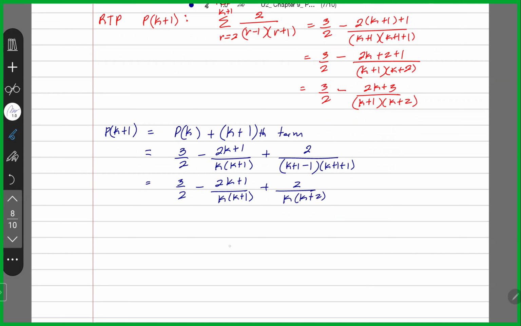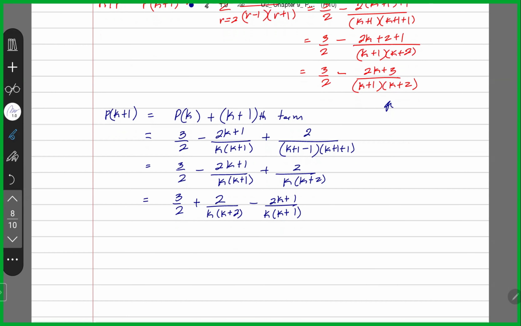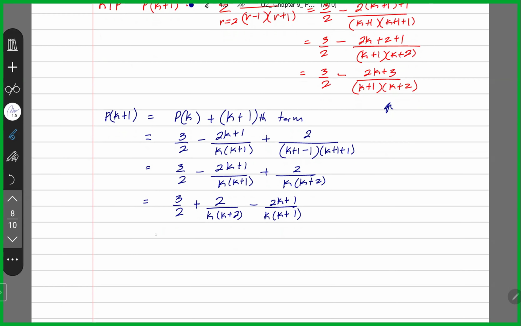So let's just rewrite this a little. Minus, and as I said, our job is to prove that this is equal to this. Once we have done that, we're finished with the PMI.